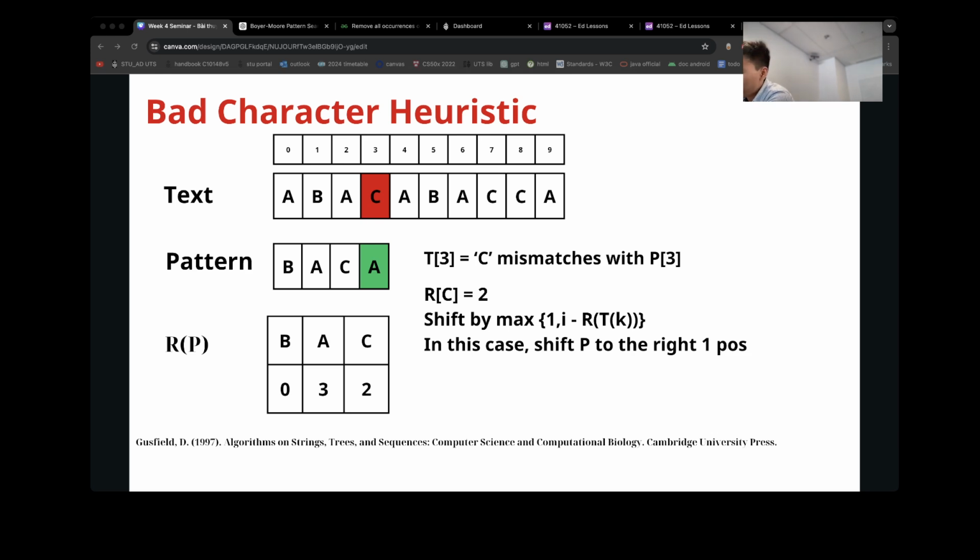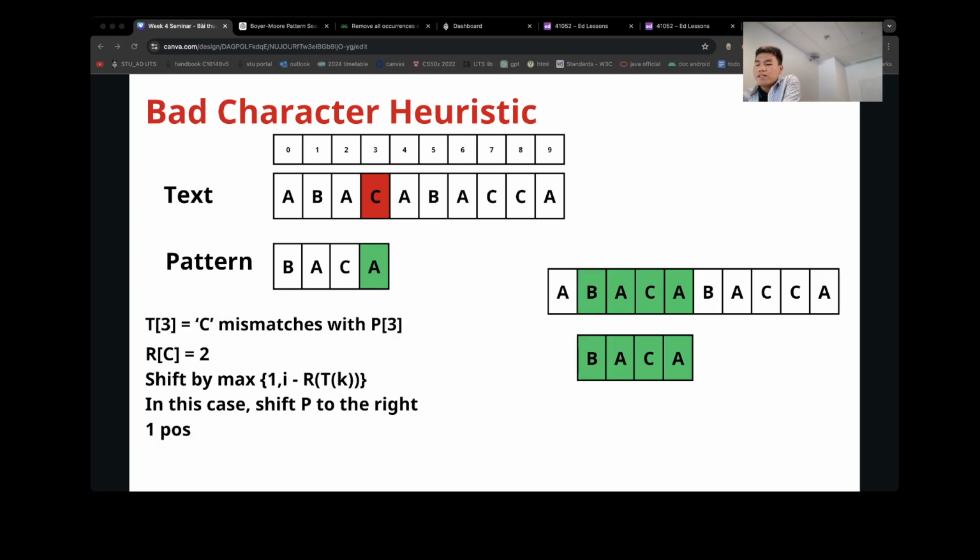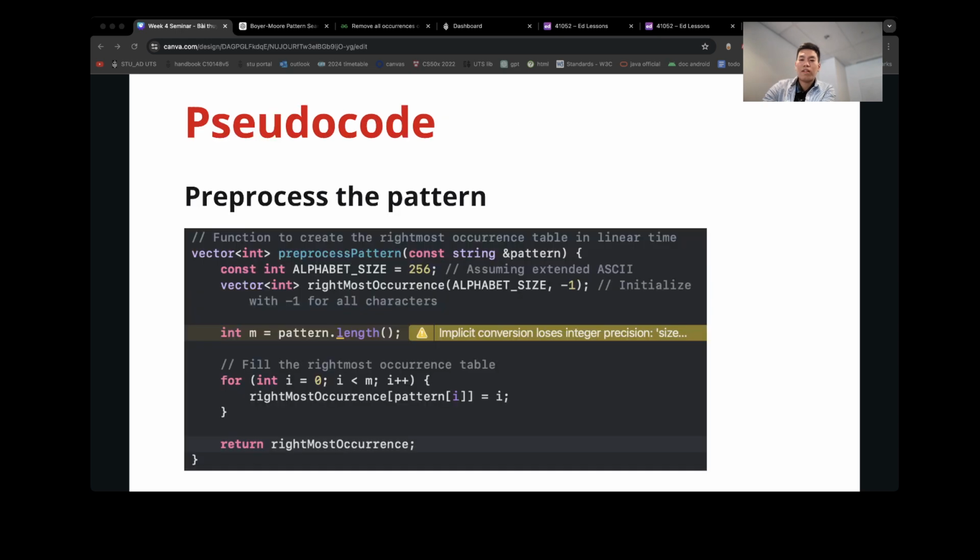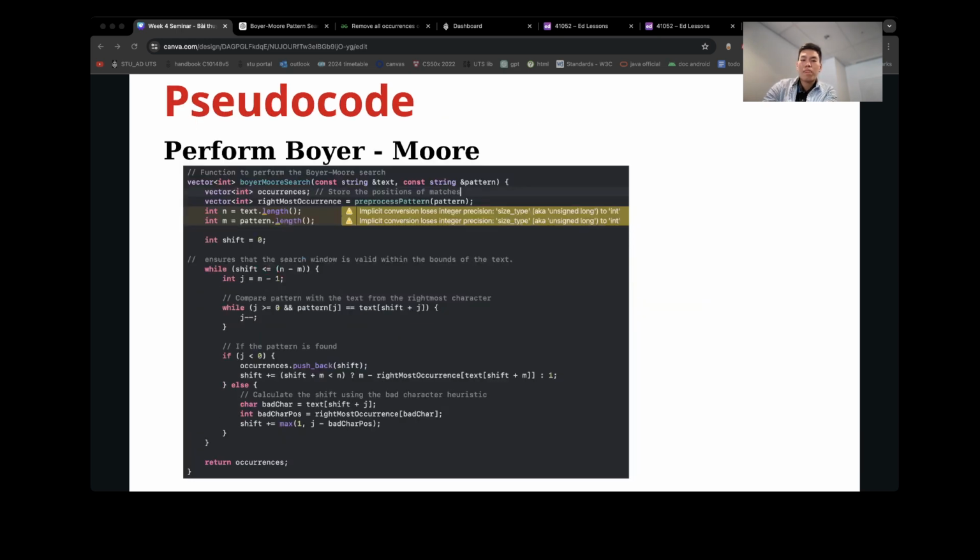Let's move on to the pseudocode so that you can understand it very well. You see in the if statement, if the pattern is found, that's how you calculate the shift. The character in the text that comes immediately after the matched segment is the text at position shift plus m, where m is the length of the pattern.